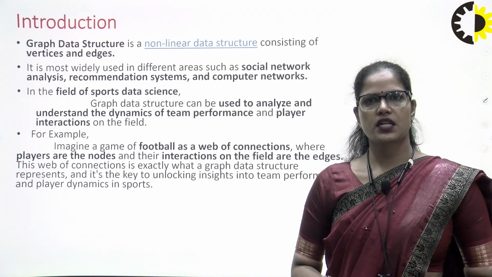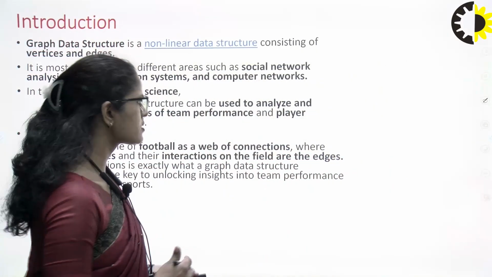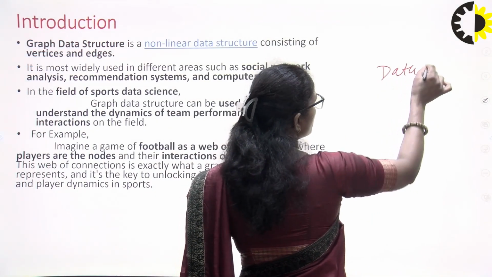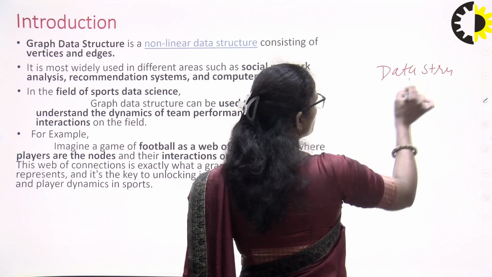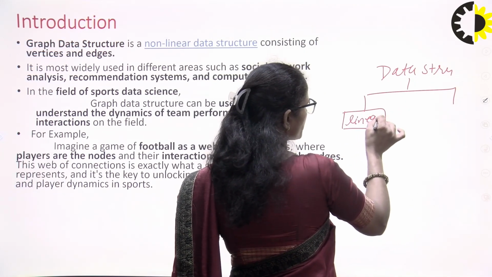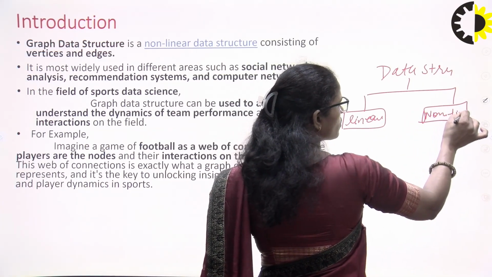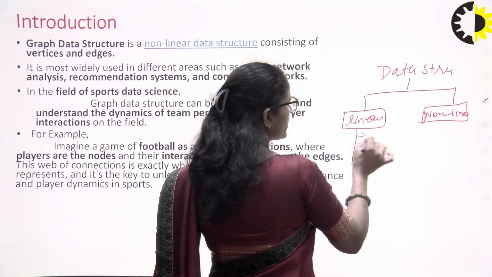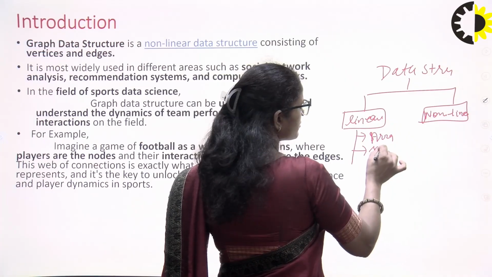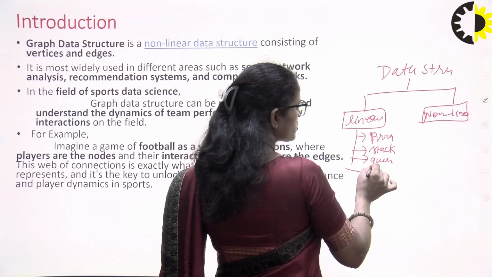So graph is a data structure. Before this concept, we will discuss some types of data structure. Data structure is divided into two categories: linear data structures and non-linear data structures. If I'm talking about linear data structures, we have an array, stack, queue, linked list.